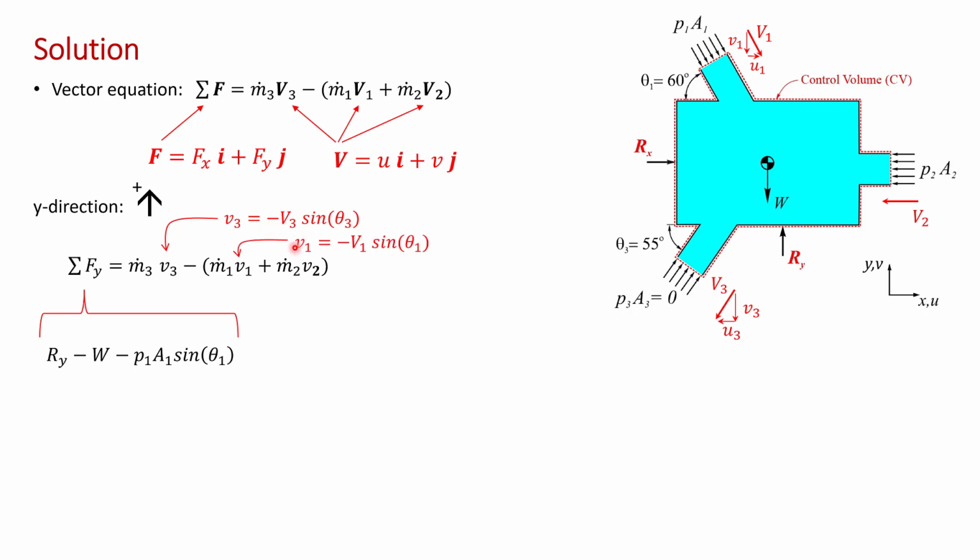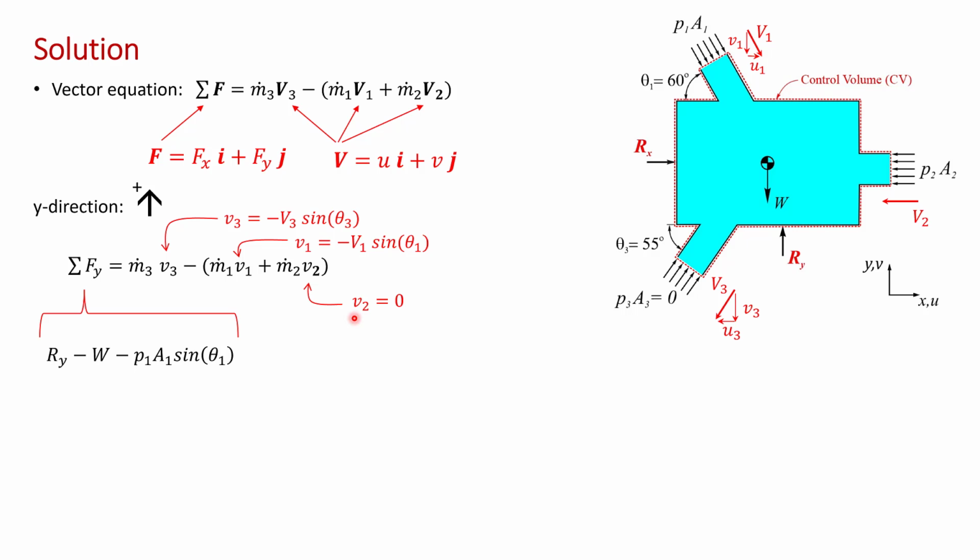Similarly, lowercase v1 is capital V1 sine 60 degrees, again negative because it acts in the negative y direction. And at location 2, v2 is purely in the x direction. There's no y component, so lowercase v2, the y component of the velocity at inlet 2, is 0.